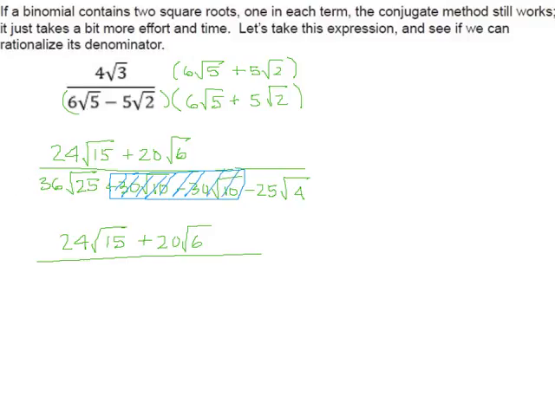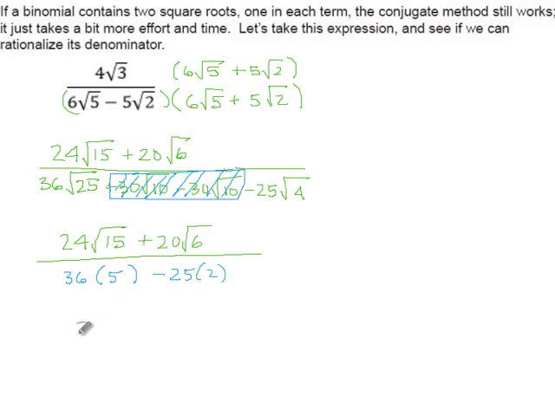So we're down to 36 root, hey, I know what that is. That's 36 times 5. And then we have minus 25 times, hey, I know what that one is too. 25 times root 4 is the same as 25 times 2.